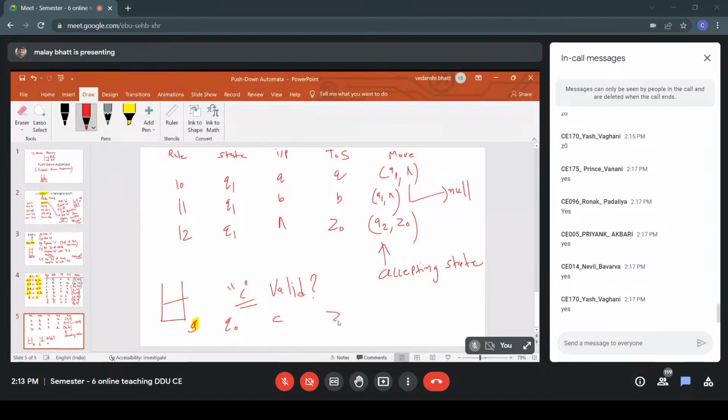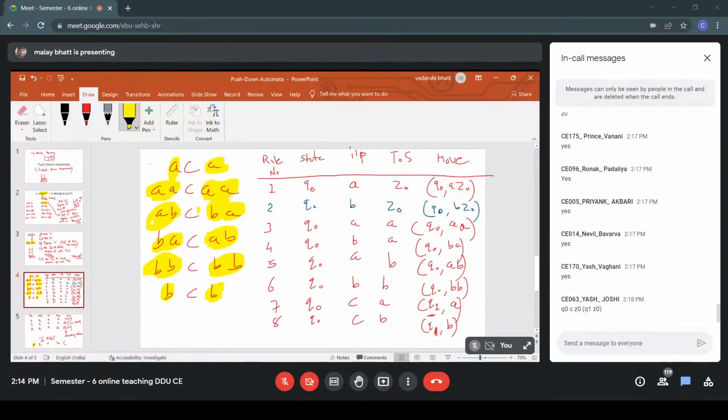Q0 C Z0. Is it clear? We are writing a rule Q0 C Z0. This is rule number 9. In the previous slide, we went through 8 rules.